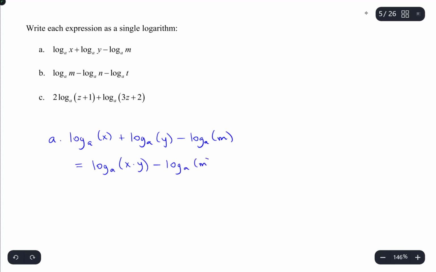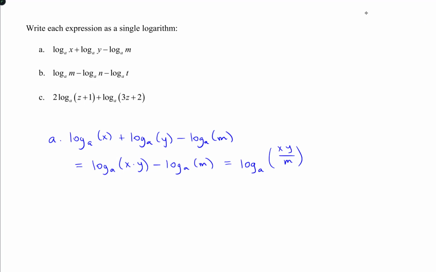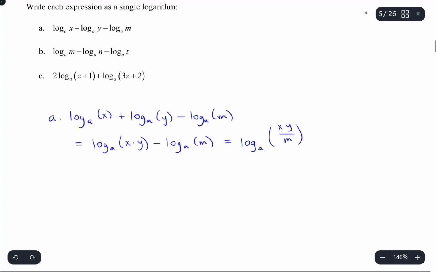So that's my first step. And then my next step in this process is to combine the remaining two logarithms, which are of the same base, into a single logarithm where the arguments are divided. And that's as simple as we can make that because we've got it into one single logarithm.